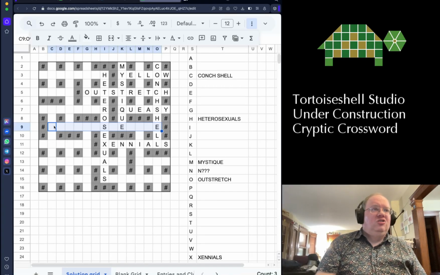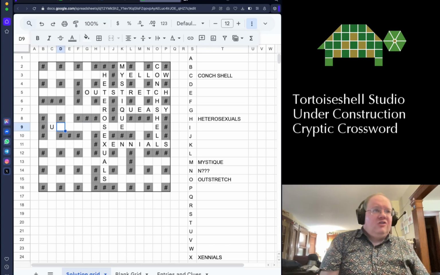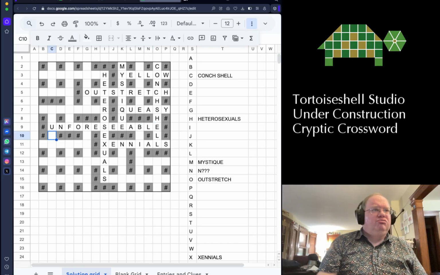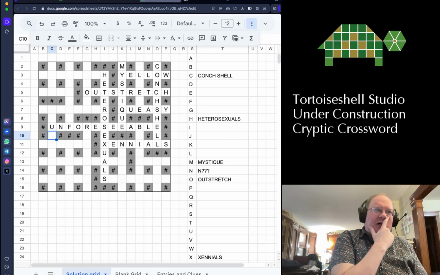Let's see what tuna casserole does. Oh, that would put a C here, and we already have a C. So this would be unforeseeable. That doesn't look like much fun to clue at all.